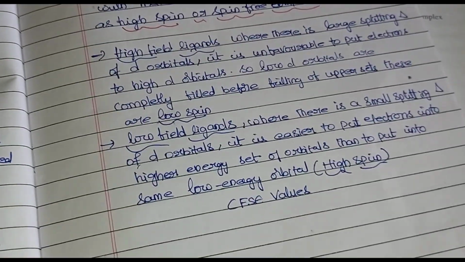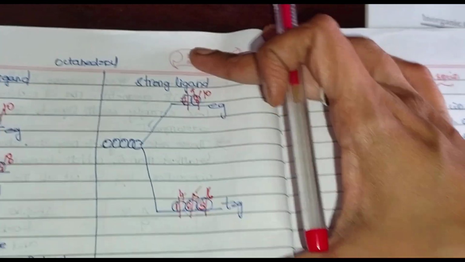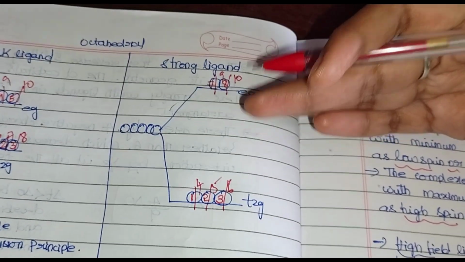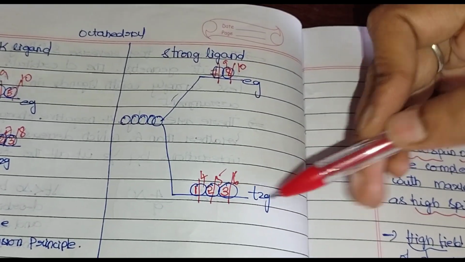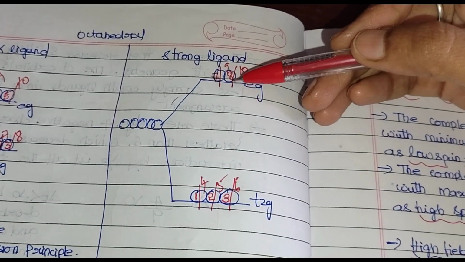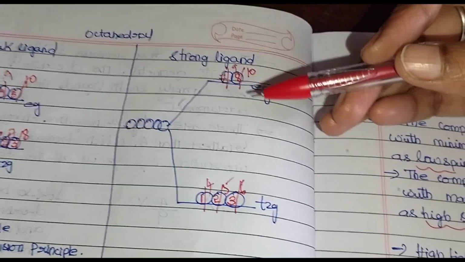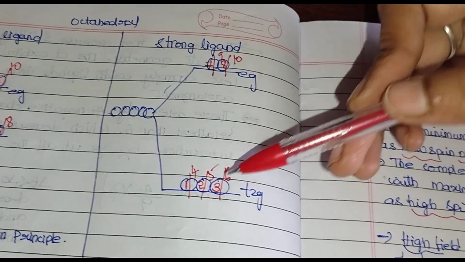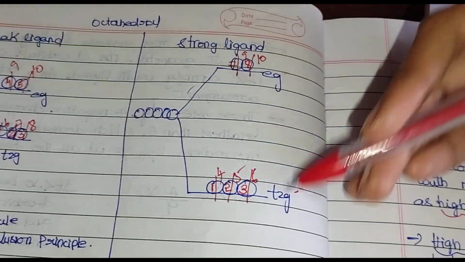When we take high field ligands, that is strong ligands, where there is a large splitting of d orbitals, it is very unfavorable to put electrons in the higher d orbitals, because so much energy is needed to put electrons into the high energy orbitals. So the lower d orbitals are first completely filled before filling the upper set. I already explained this, yes?